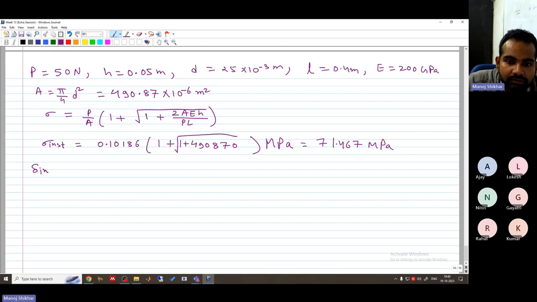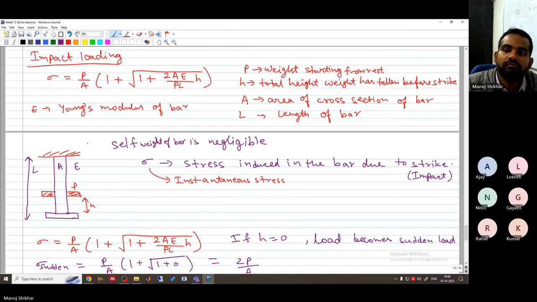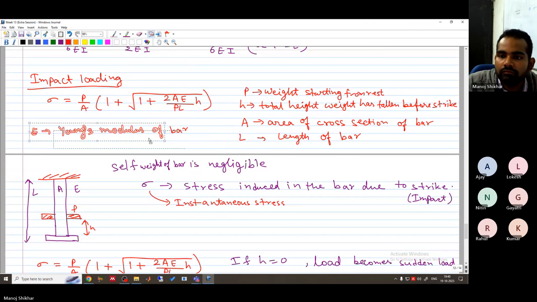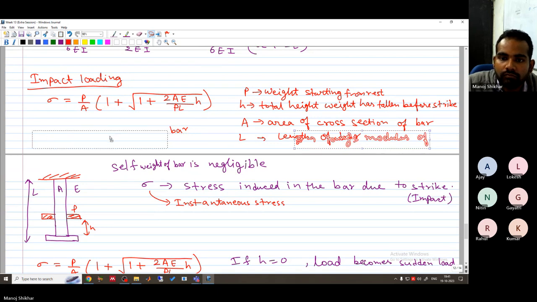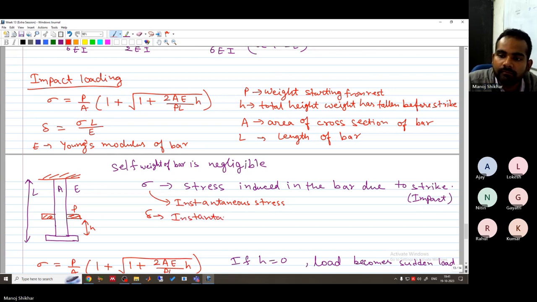And for delta instantaneous, use the formula sigma instantaneous into L upon E. Delta is instantaneous displacement.